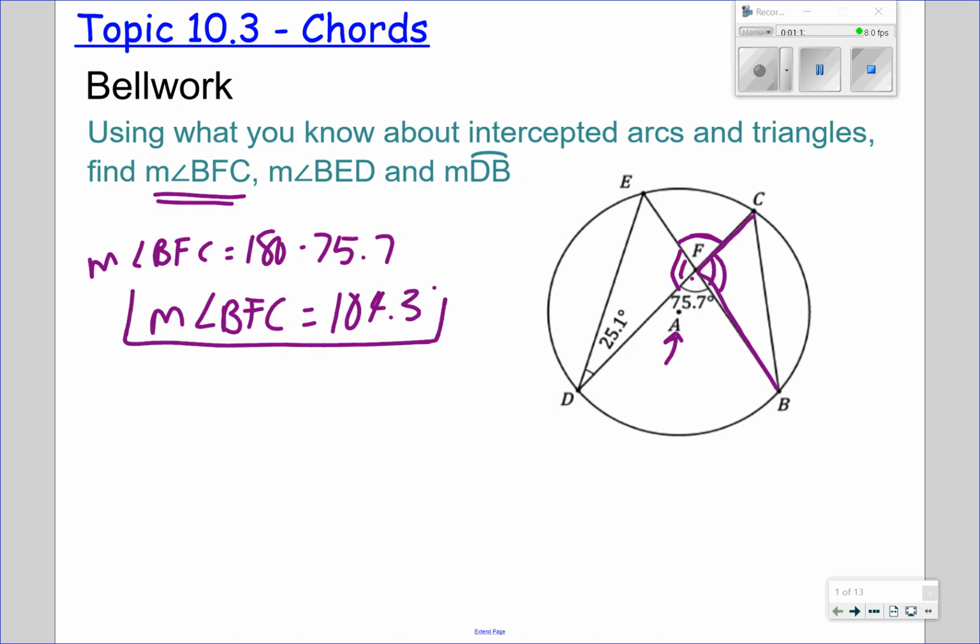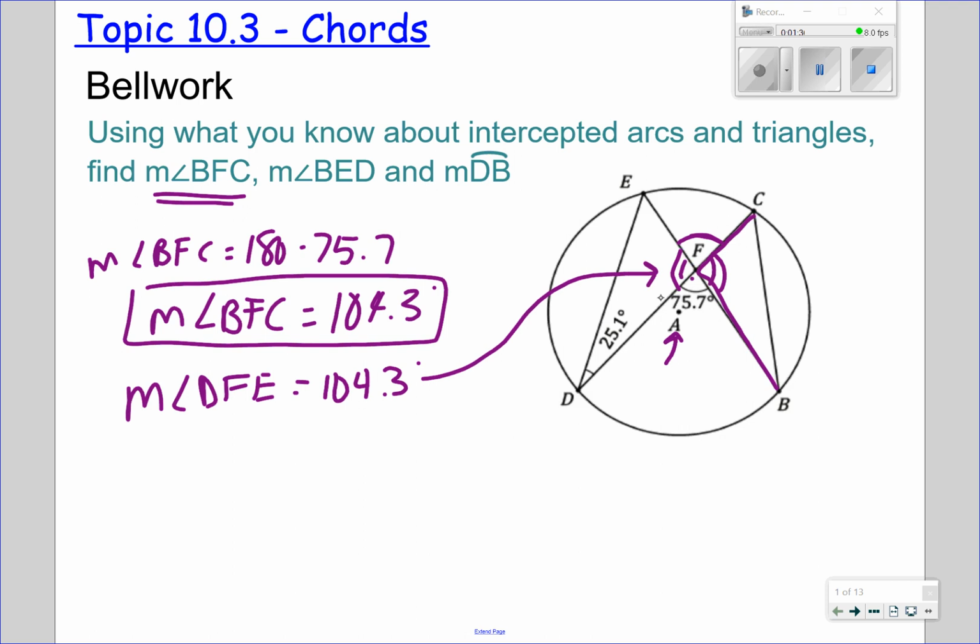Now, once you found that, it is vertical. So then the measure of angle DFE would also be 104.3. So that is this angle right there.